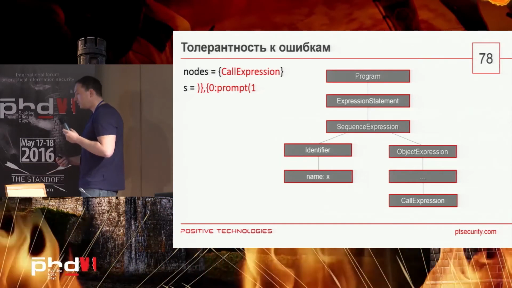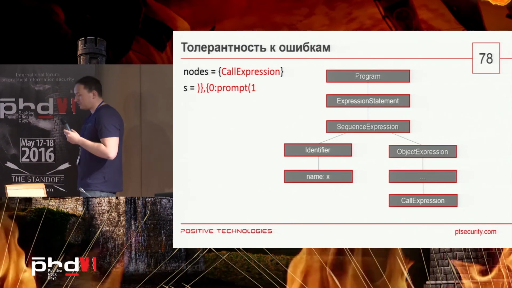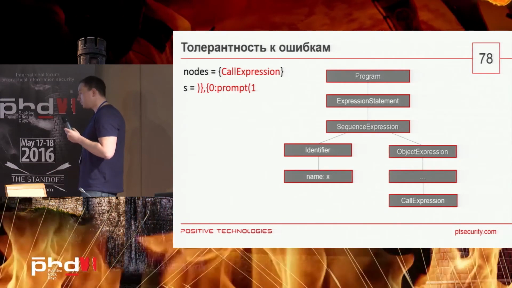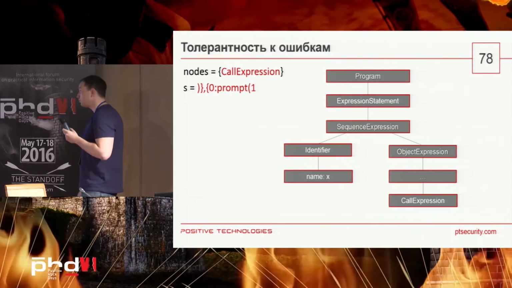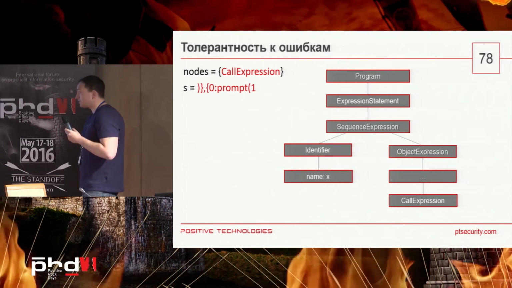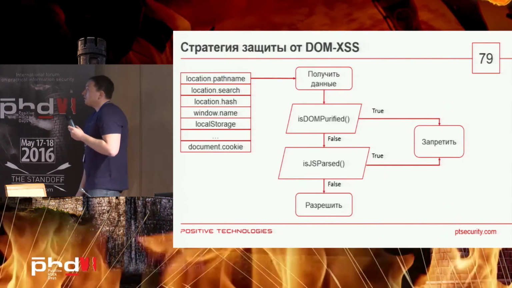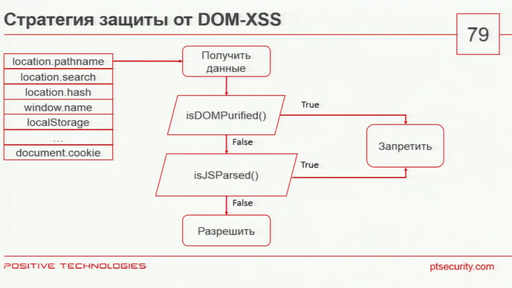If in the previous case it couldn't be identified in principle because our parser runs without fault tolerance, whereas the Chrome parser does work in this mode, it means that the attack will succeed in one case and fail in the other.